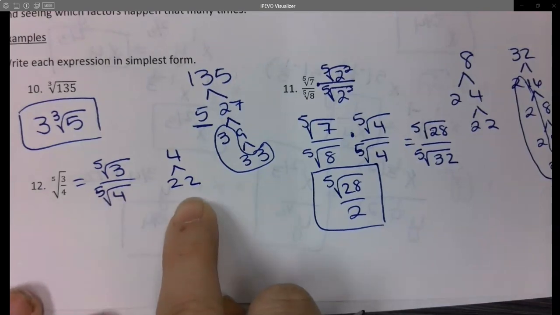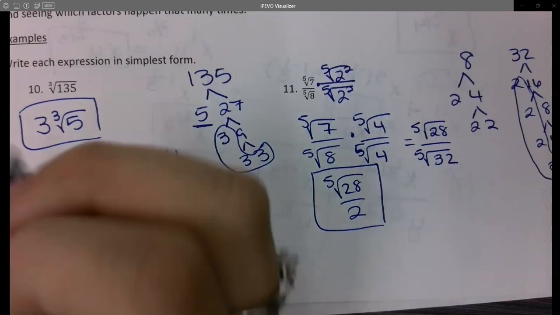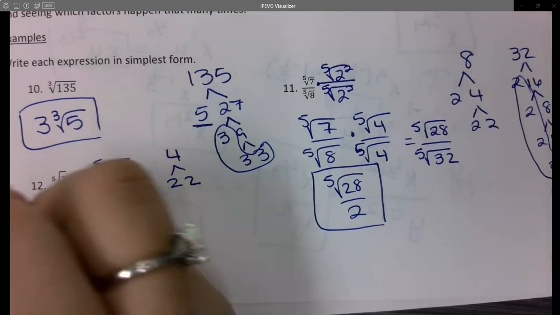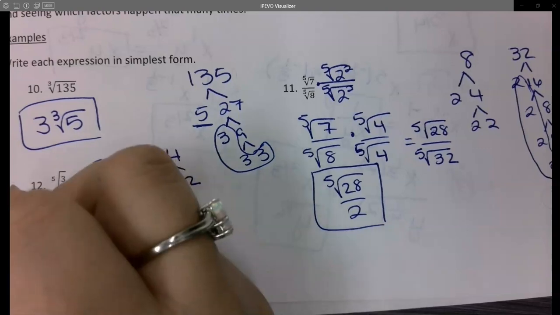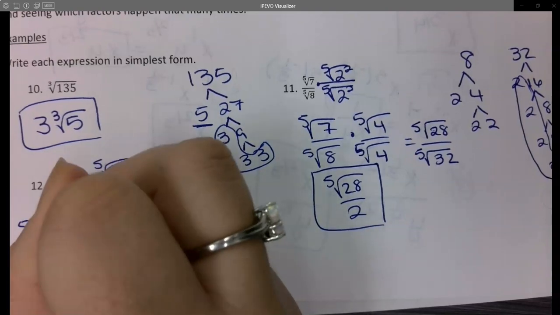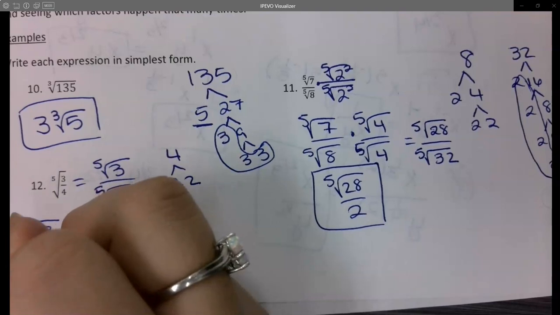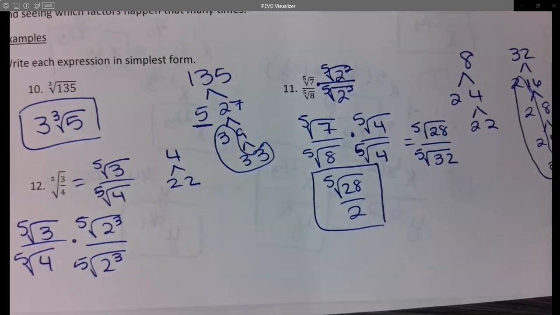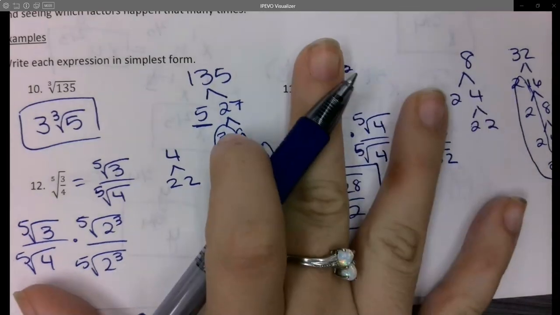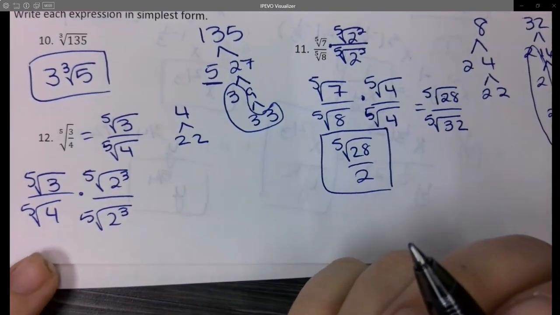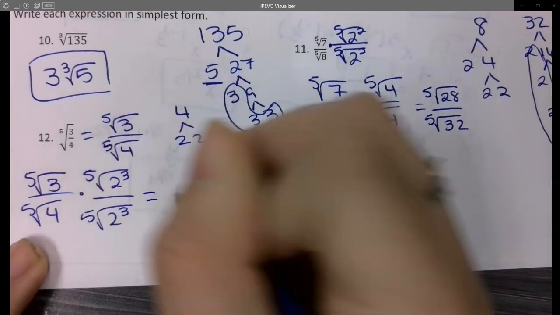Currently I have 2, so I need 3 more 2's. I'm going to multiply it by the 5th root of 2 cubed, because I said I needed 3 more 2's. So remember, 2 cubed is the same thing as doing 8.